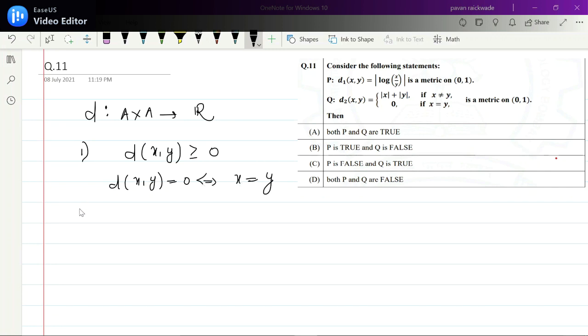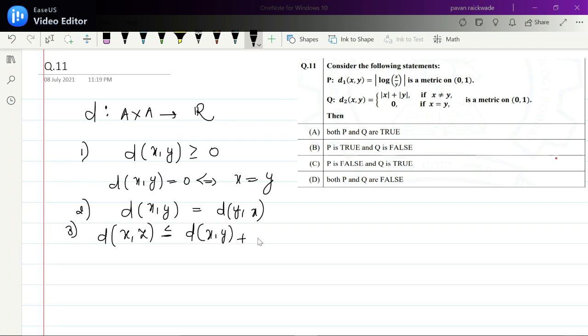The second: distance between x, y must be the same as distance between y, x. And the third is the triangle inequality: distance between x, z is less than or equal to distance between x, y plus distance between y, z, for any points x, y and z belonging to the set A.